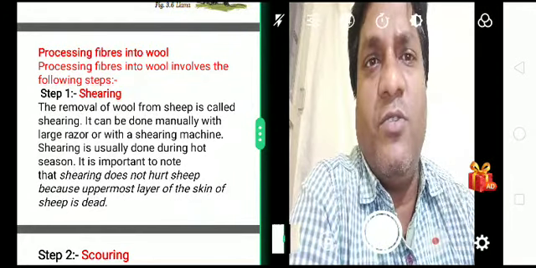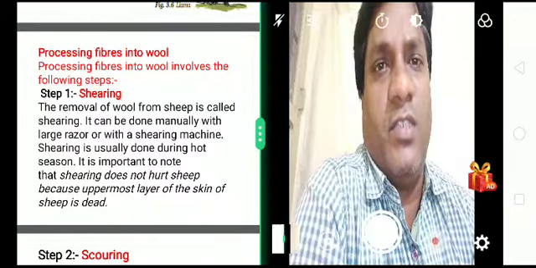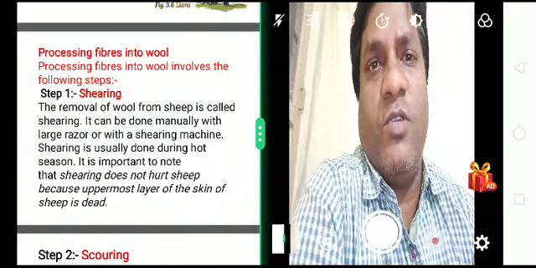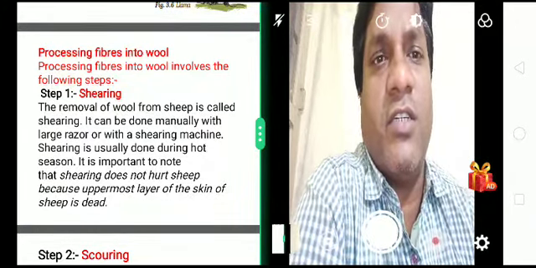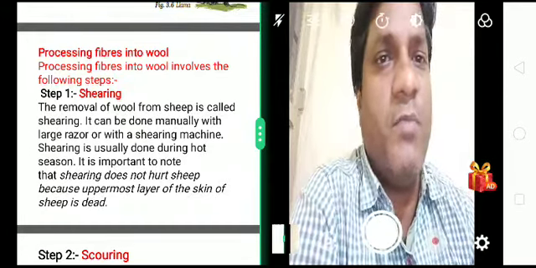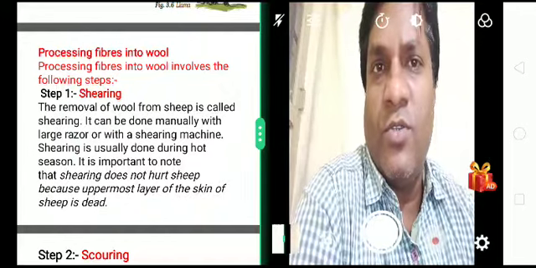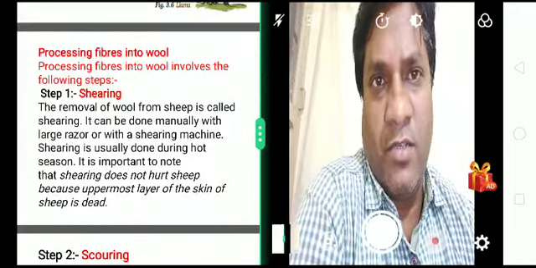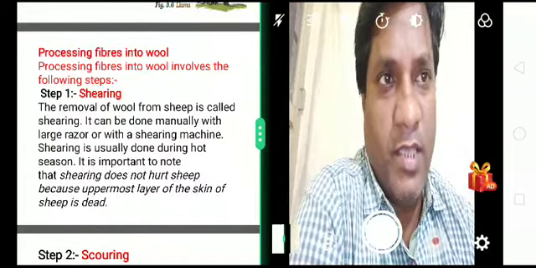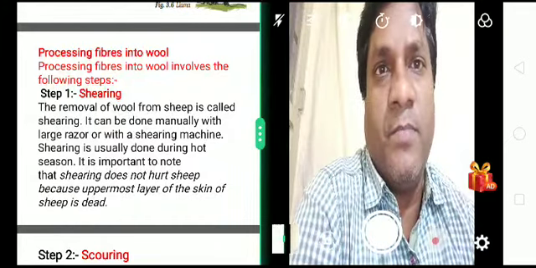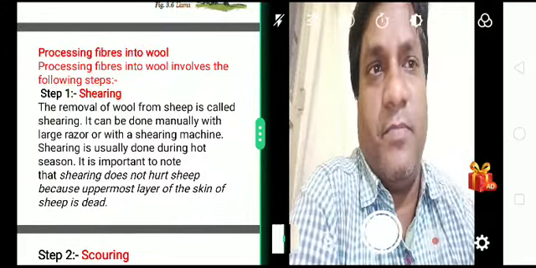The shearing is usually done during the hot season. It is important to note that shearing does not hurt the sheep because the uppermost layer of the skin of the sheep is dead. So the removal of the hair of the sheep with a thin layer of skin is called shearing.